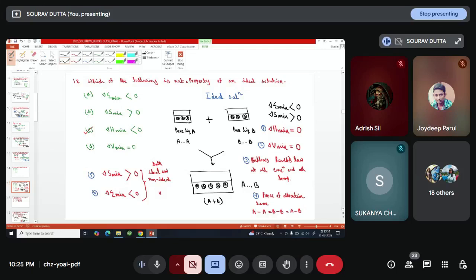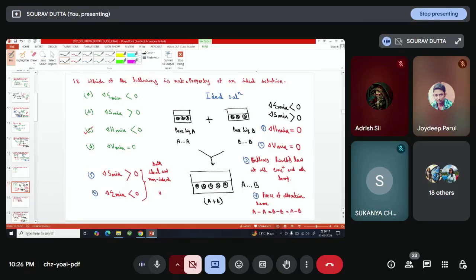Delta V mixing is not equal to 0, it will be positive or negative. If delta H mixing is greater than 0, it will show positive deviation from Raoult's law. If delta H mixing is less than 0, it will show negative deviation from Raoult's law. Similarly, delta V mixing not equal to 0 can be positive or negative. This does not follow Raoult's law.